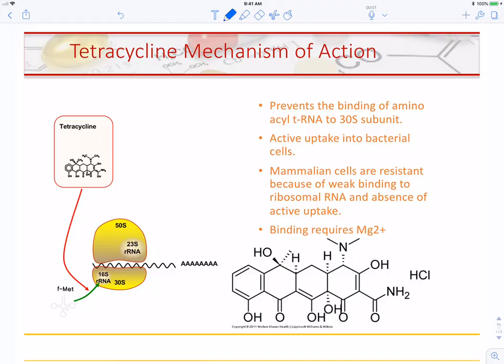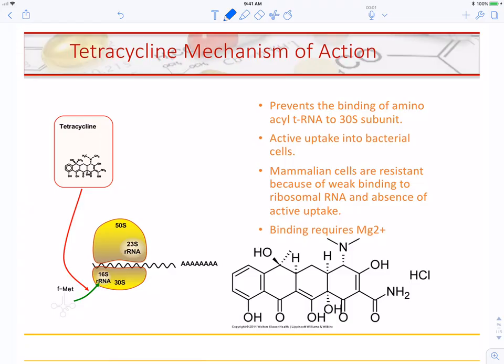So there is a specialized transport that they exploit. The reason mammalian cells are resistant is because the ribosomal RNA is a little different, so we have a different binding. But most importantly, it is because eukaryotes don't have the transport that actively takes it in.